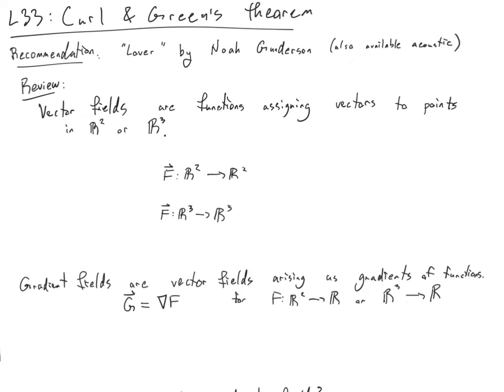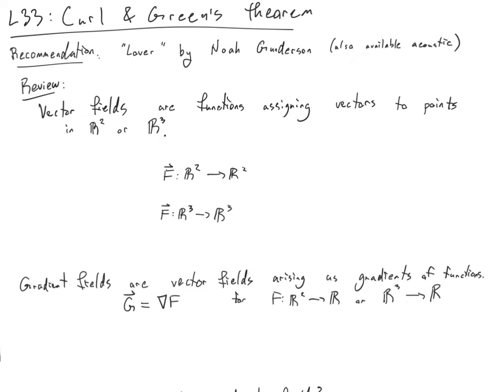I wanted to start today's lecture by reviewing vector fields and what we've talked about so far with line integrals and the fundamental theorem of calculus. So let's do that. A vector field is a function assigning vectors to points in R2 or R3.